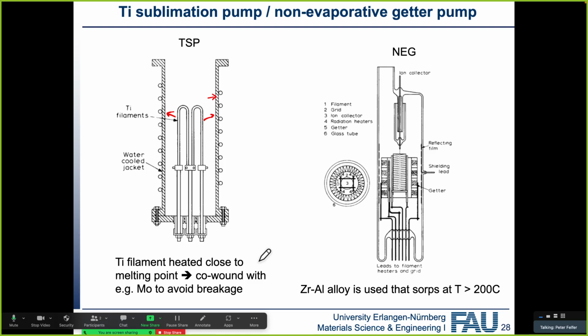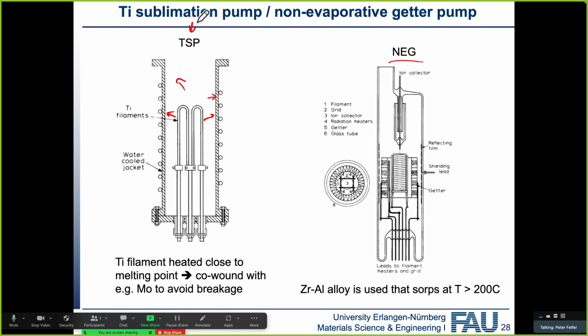We have one of them on our field ion microscope that we used in there because we wanted to do atom probe tomography for field ion microscopy. It wasn't all that important. But this obviously means you're sublimating some titanium and you're inputting heat into your system, which you may or may not want. So an alternative are so-called non-evaporative getter pumps.